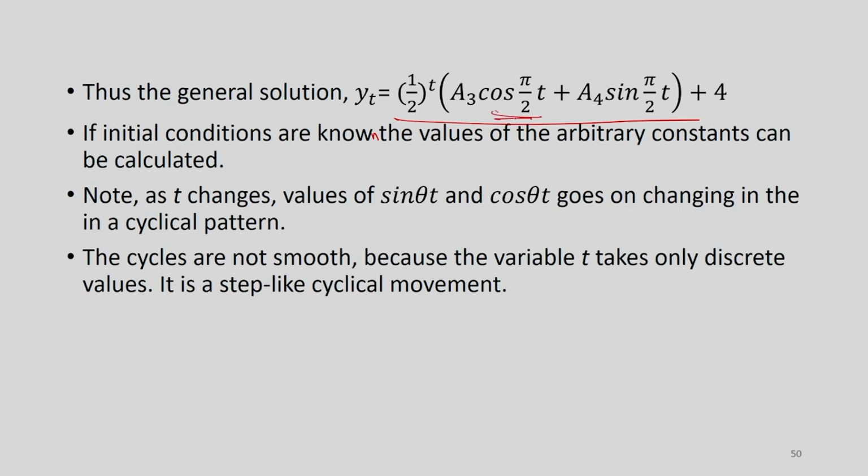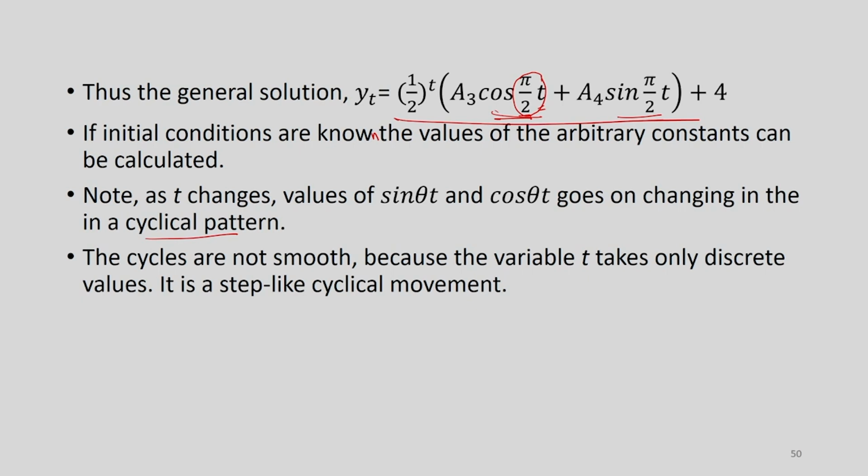We know from trigonometry that as theta, that is pi by 2, is given to us and t takes 0, then 1, then 2, and so on, this angle is going to change accordingly, and the cos of that angle will change in a cyclical manner, and similarly the sine of the angle will also change in a cyclical manner. That is what I have written.